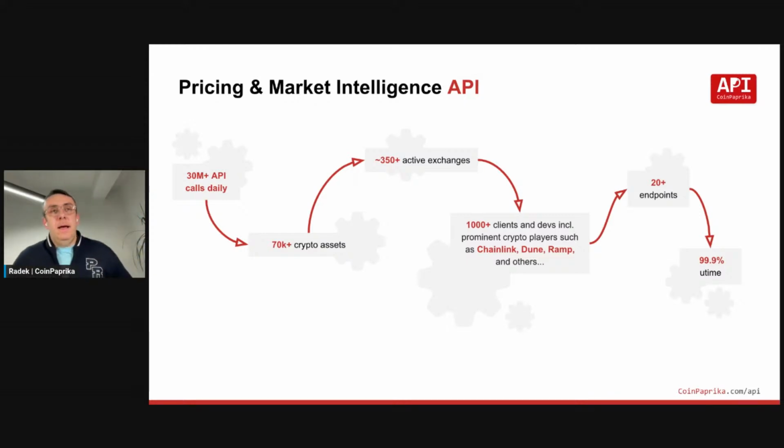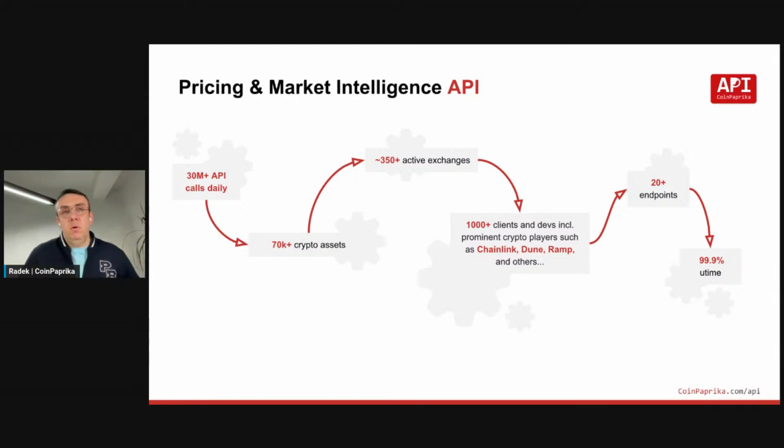So right now, we have in our database around 70,000 crypto assets. Of course, not all of them are active right now. It depends on the market situation and depends on the volume for a given coin on a given market. But at the end of the day, as we collect all this data and we provide this unified price for the asset, we are giving this information as an API endpoint.